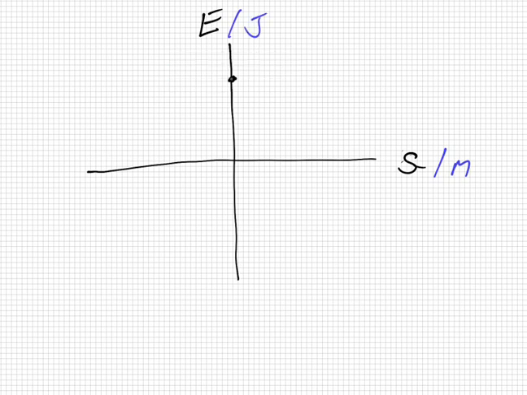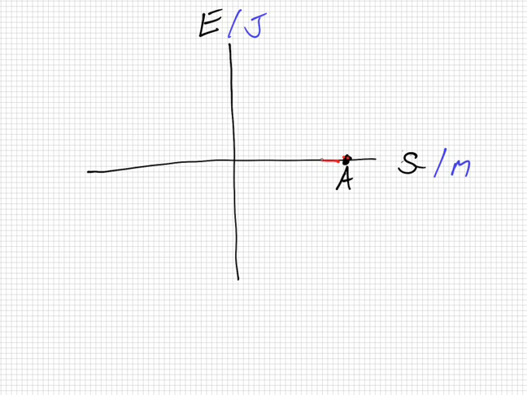At the beginning, A, does it have any kinetic energy? No. And then what happens? Look please, when the spring gets smaller, what happens to the kinetic energy? It becomes bigger, because it goes faster. When you let go, it goes faster.